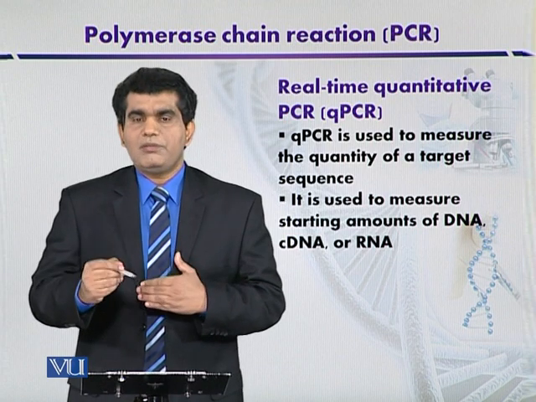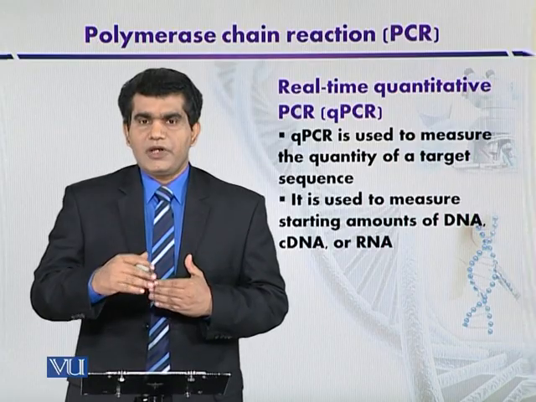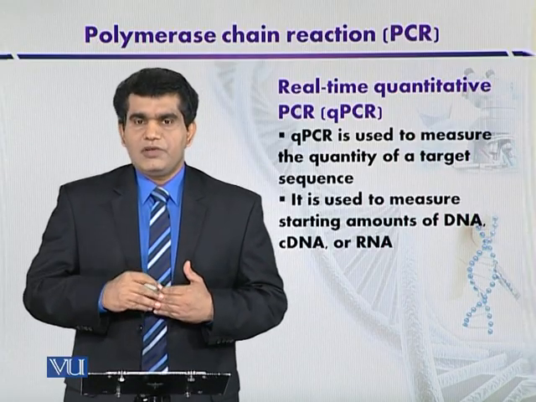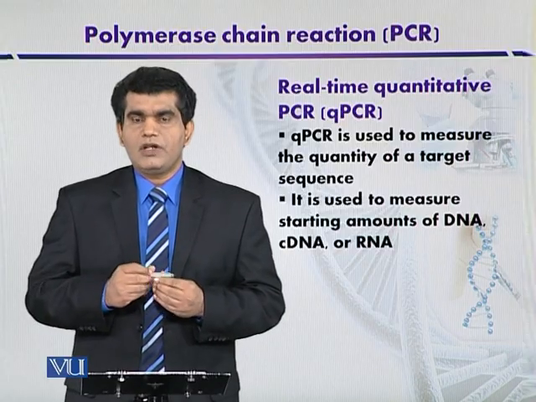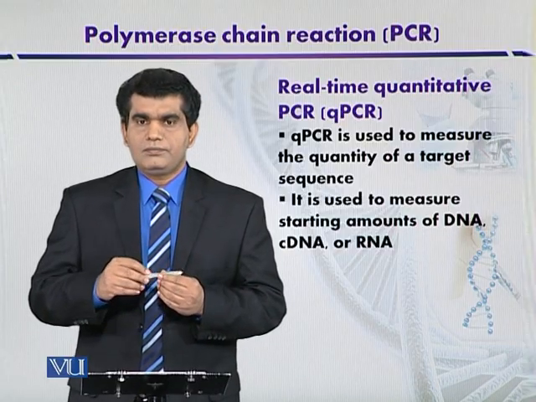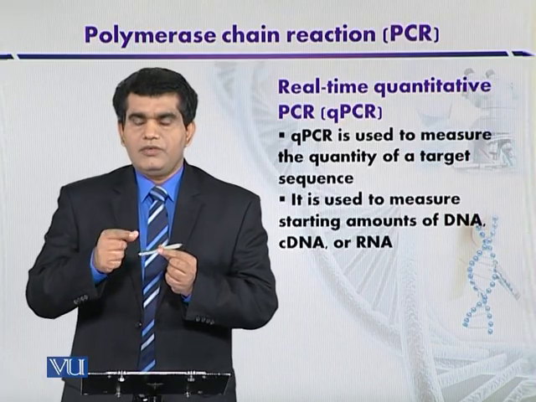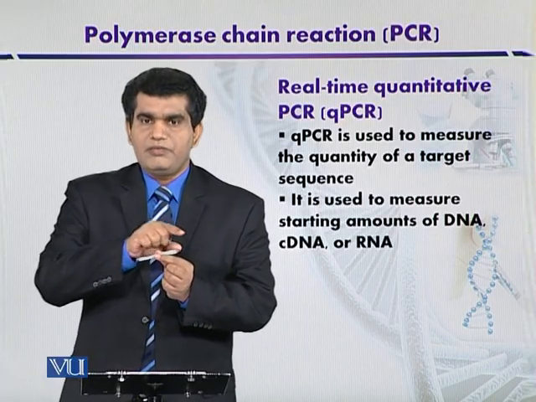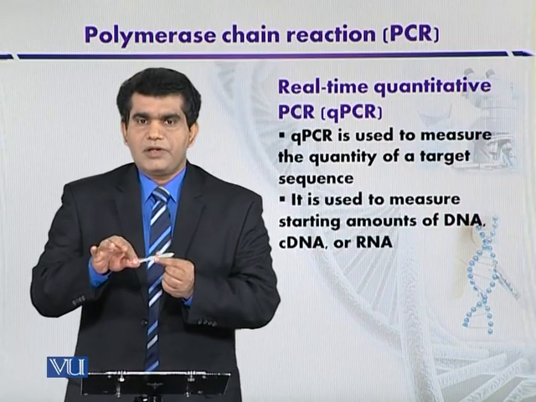Now, what is the mechanism to generate the fluorescence as soon as the new fragments of DNA are generated during the PCR reaction? The mechanism is that this probe will bind downstream of one of the primers. If the primer binds here, the probe will bind downstream to it.